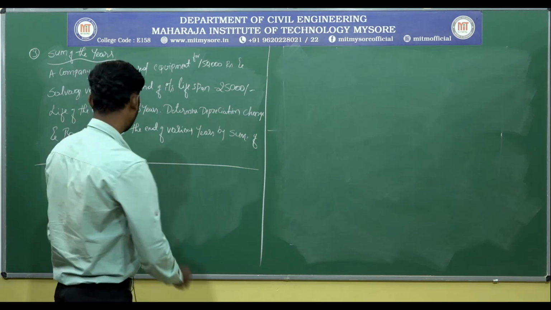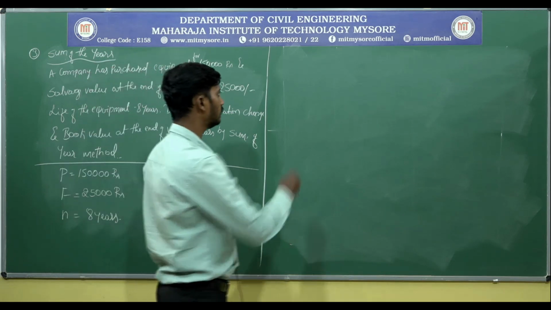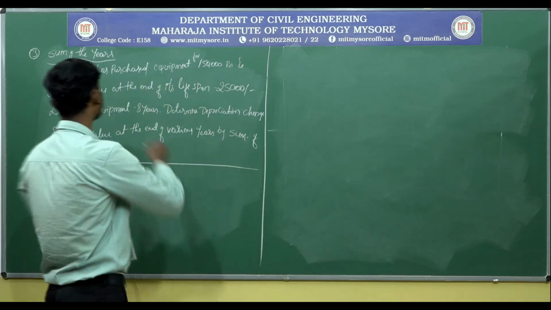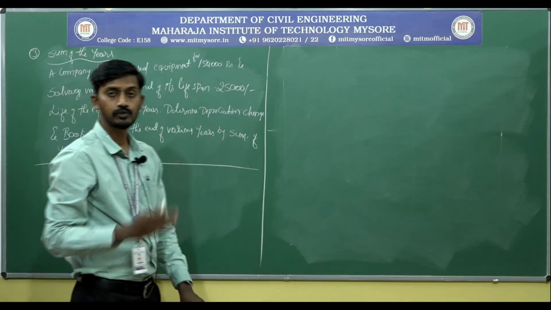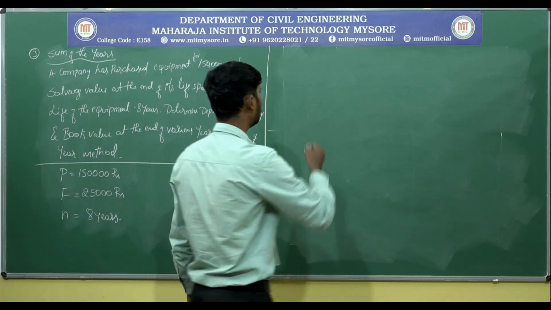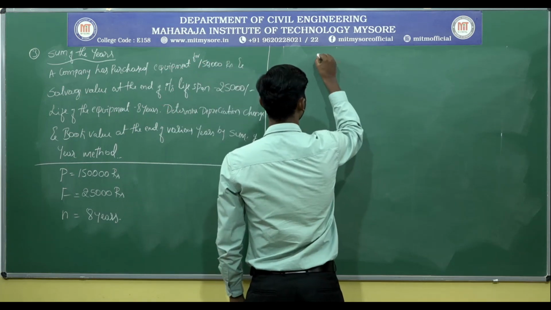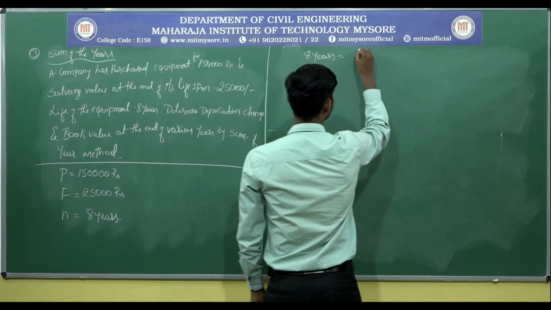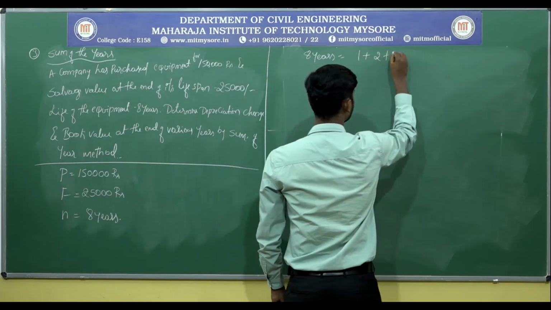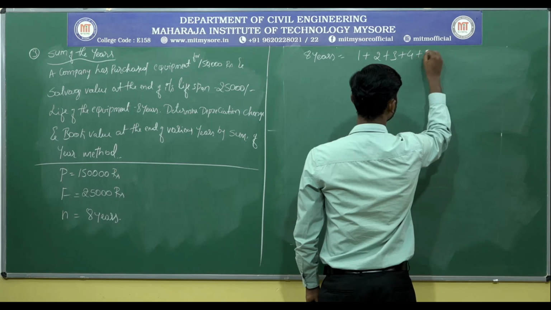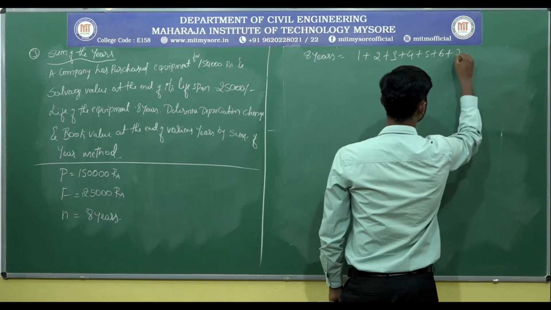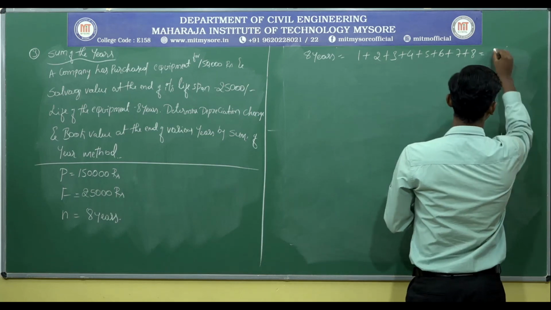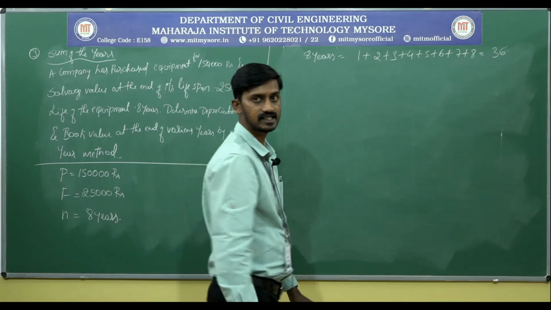So what we need to do here is, first we should calculate, as the name itself says, the summation of years, or sum of the years. We need to sum the given period of years, that is 8 years means 1 plus 2 plus 3 plus 4 plus 5 plus up to 8, which will give us 36.